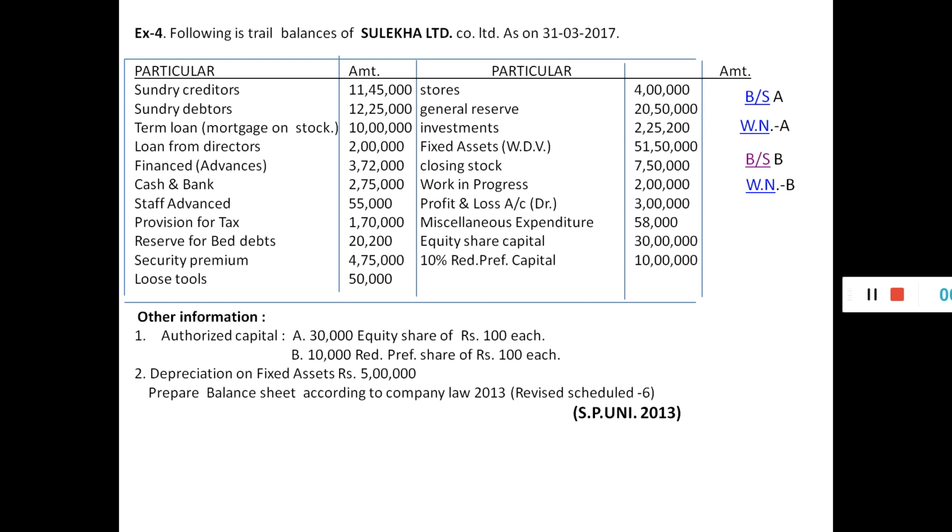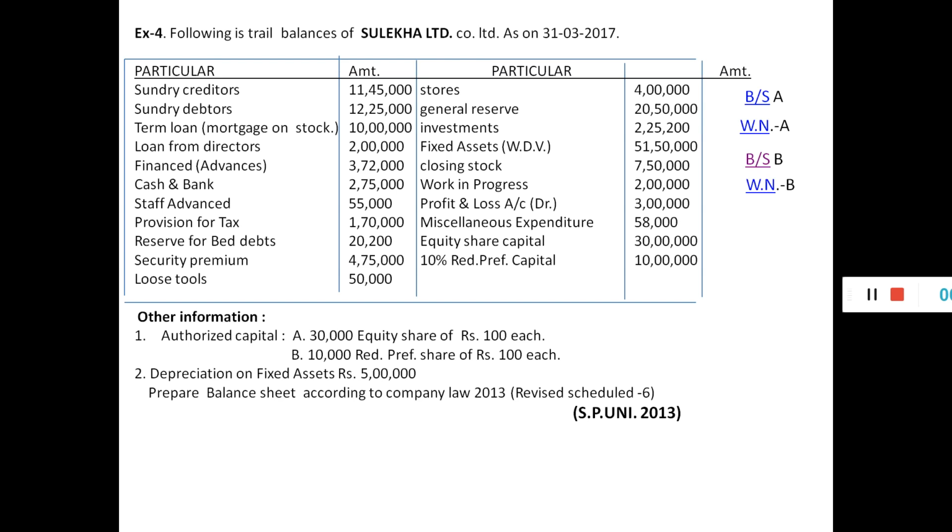Equity share capital rupees 30 lakh will be shown in the balance sheet. Note number 1, share capital. 10% redeemable preference share capital also will be shown in the balance sheet under the note of 1, shareholders fund.